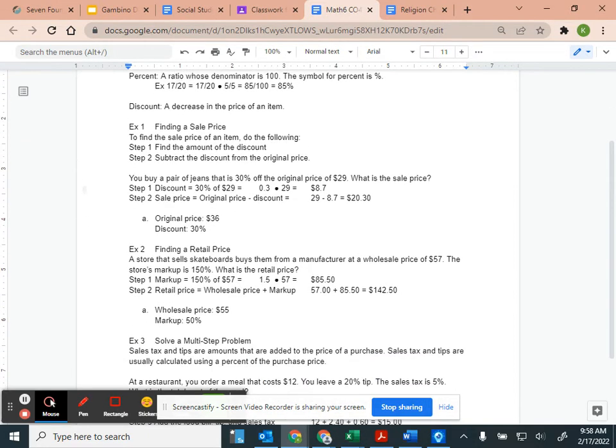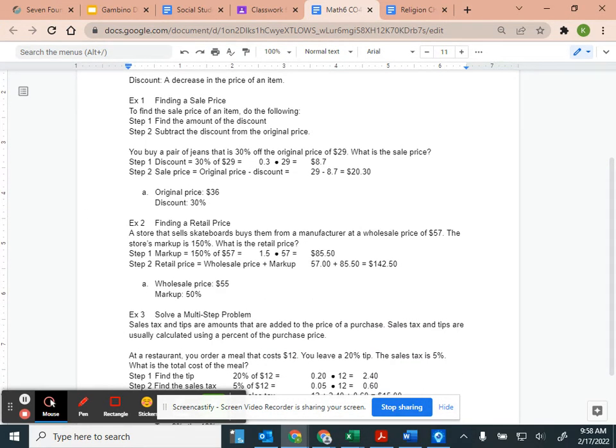So for example 1, we are finding a sale price. To find the sale price of an item, do the following. Find the amount of the discount, so that amount of decrease, and then subtract that discount from the original price. Friends, this is what we did yesterday.